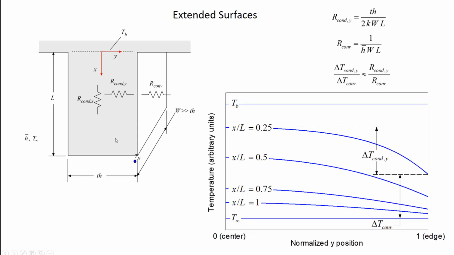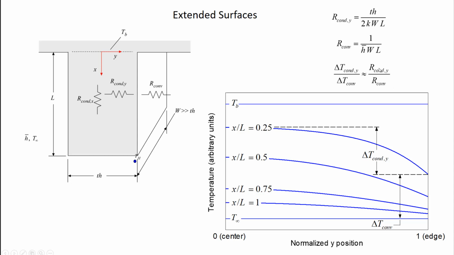So what happens then in the case where the conduction resistance in the Y direction, which is causing this delta T conduction in the Y direction, is much, much smaller than the convection resistance from the surface to the surroundings, which is causing this temperature difference here? That ratio of resistances is proportional to these two temperature drops.